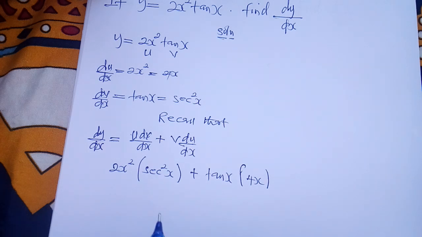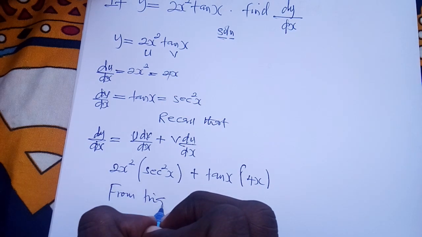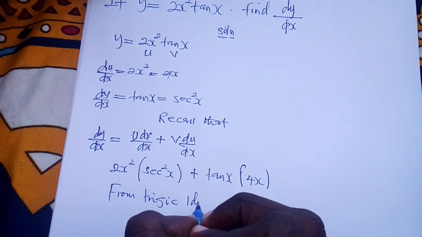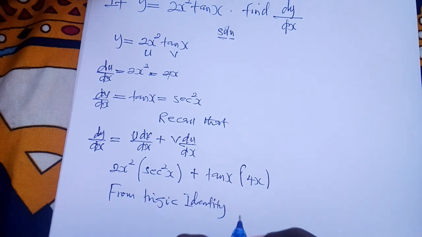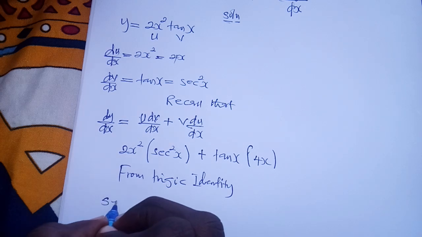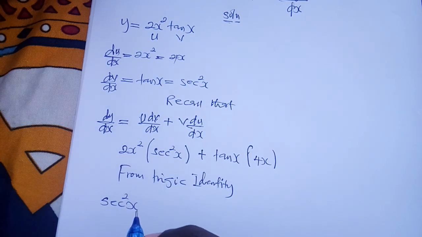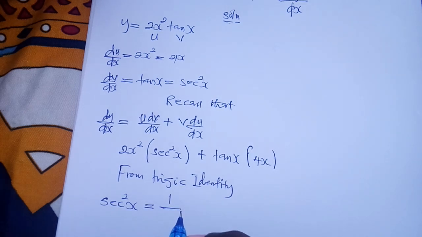But from this point, let's recall from trigonometry, from trig identity. From trig identity, we say sec square x is equal to 1 upon cos square x.